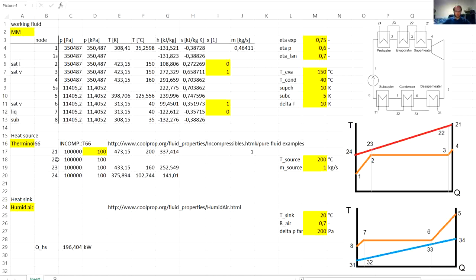Now we can also solve the point 22, where it will work similarly: the enthalpy at point 22 will be the enthalpy at point 21 minus the part of the heat specified at the ORC, the heat transferred for the ORC between points 3 and 4, which is the mass flow rate times the enthalpy difference, enthalpy 4 minus enthalpy 3, and this divided by the mass flow rate of the heat source.